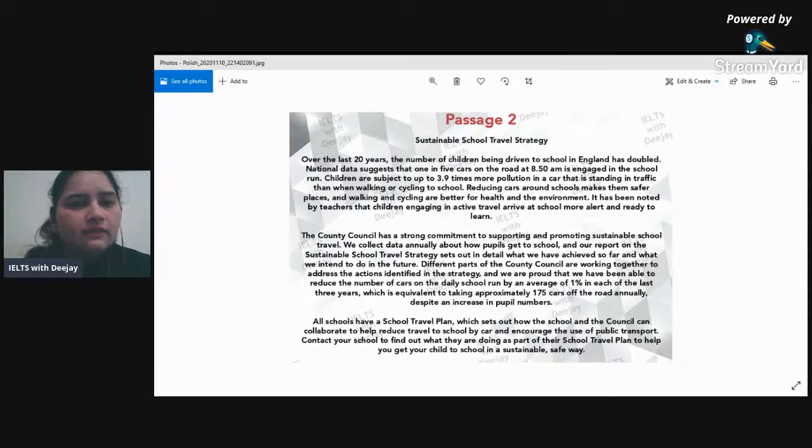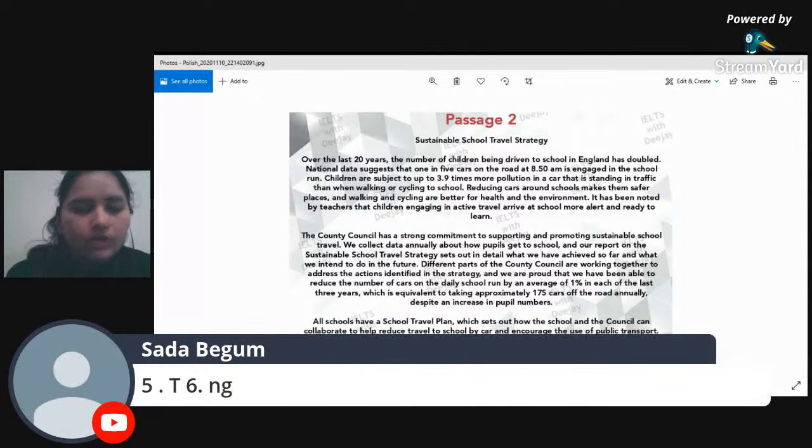So the answer is not given. Yes, very good. You have done really well because you are answering all the questions and they are correct as well. So in this one, the information we're not able to find. This information is not available in the third paragraph. So this is the reason we are marking it not given.